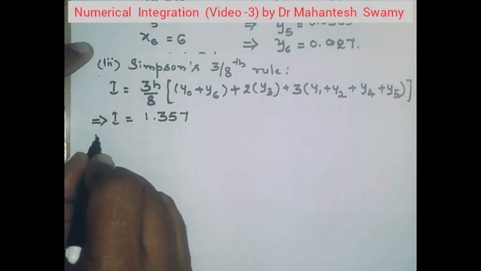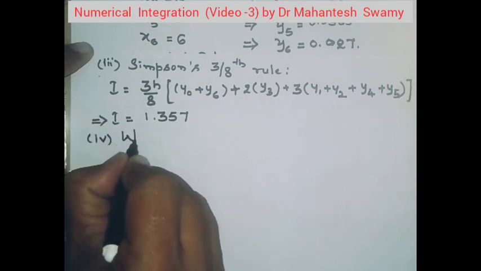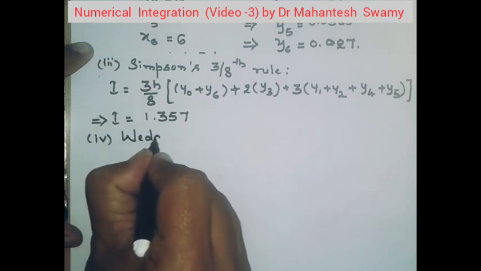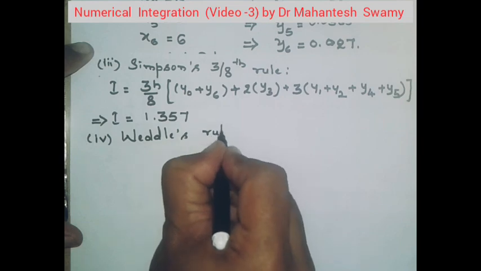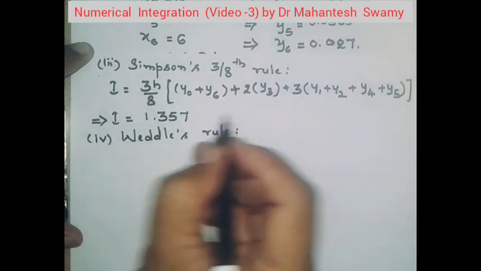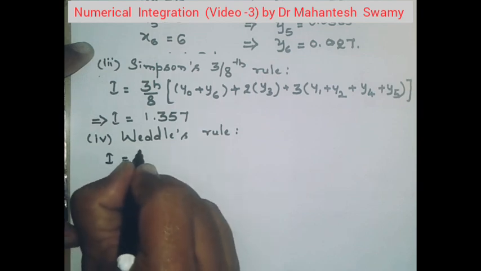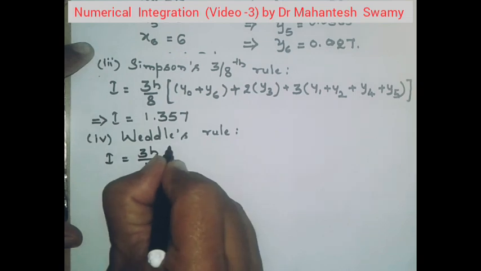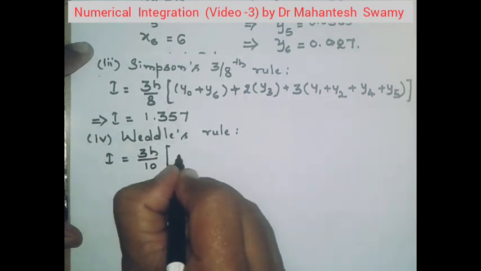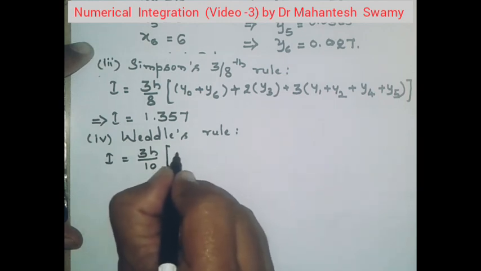And now the last method, that is Weddle's rule, we shall apply to evaluate the given definite integral, and the formula is 3h by 10, and I have told you a very simple way of writing the bracket, that is the coefficients.